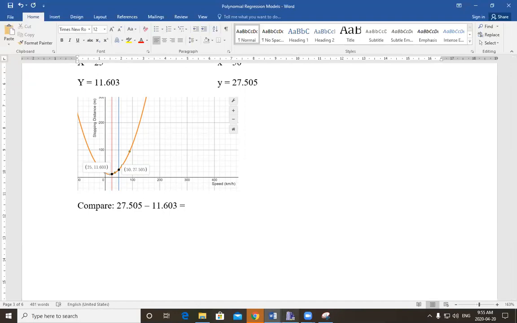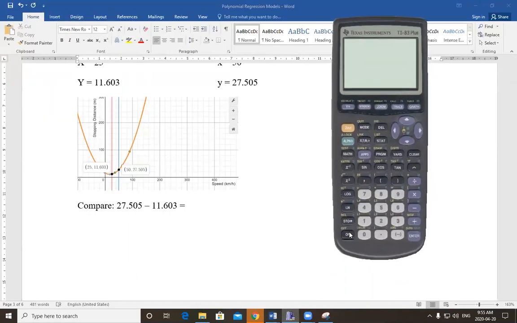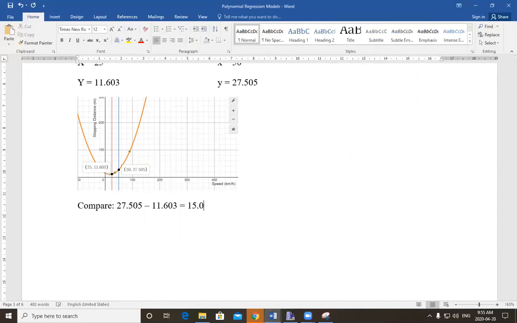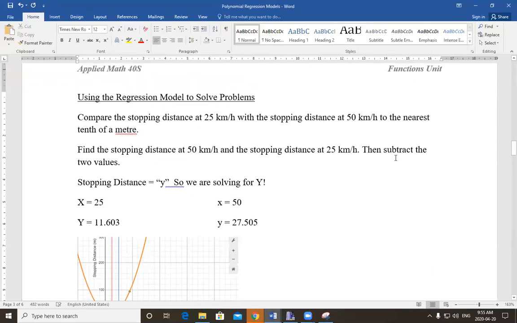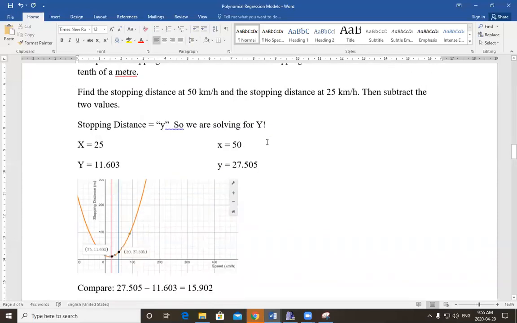Get that difference. Means that it takes longer for the car to stop when it's traveling at 50 versus 25, which is no surprise. So 27.505, and we'll subtract 11.603. We get 15.902. And it says to the nearest tenth of a meter.